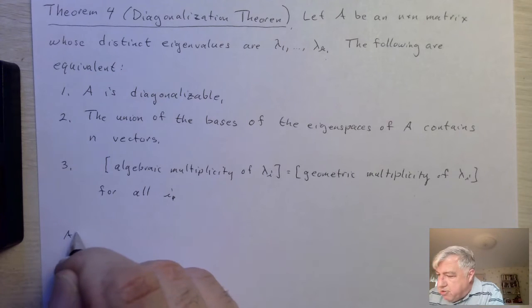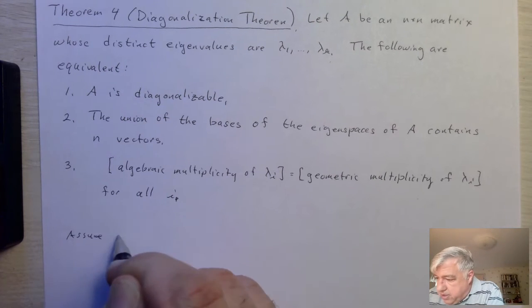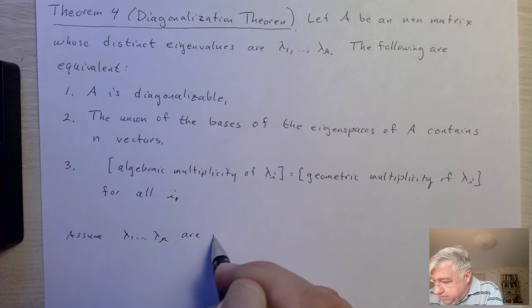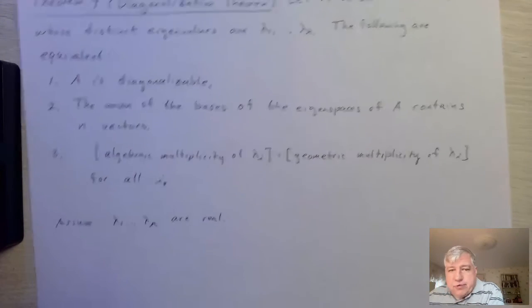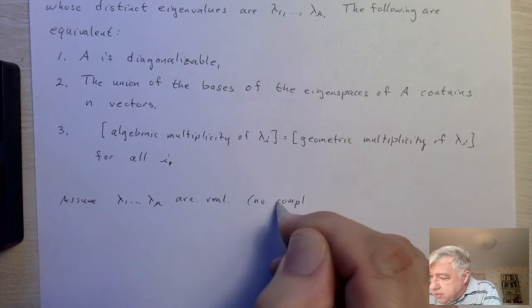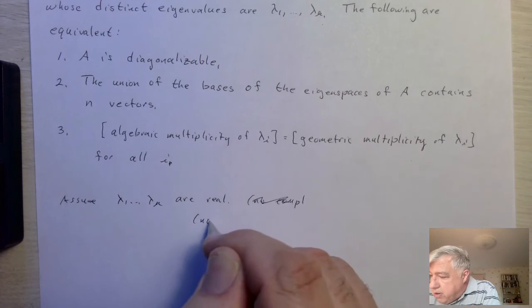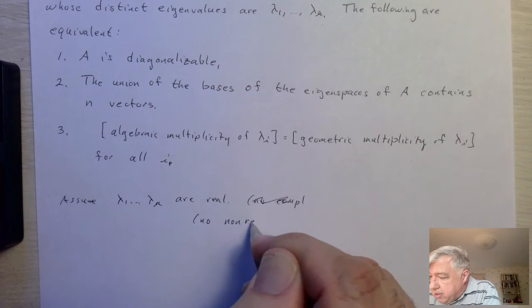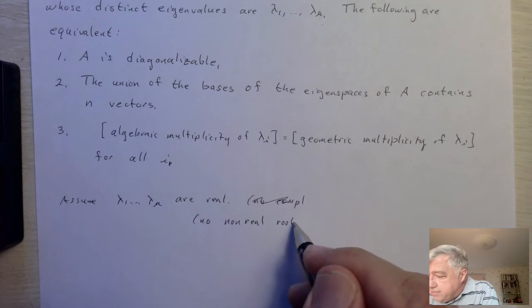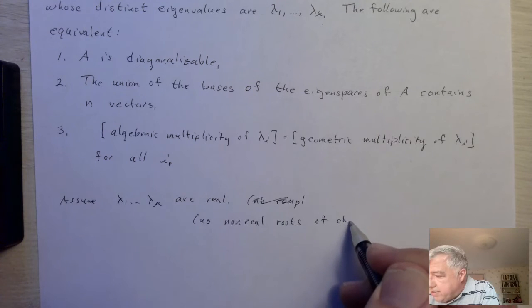One thing we're going to put a little caveat. We're going to assume that all the lambdas are real, so there are no non-real eigenvalues and no non-real roots of the characteristic polynomial.